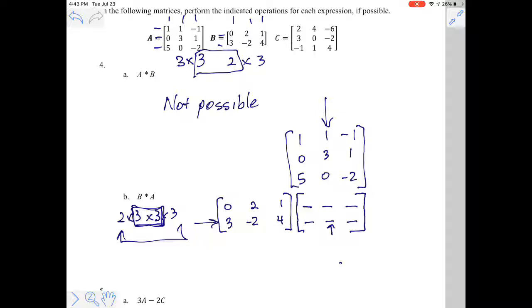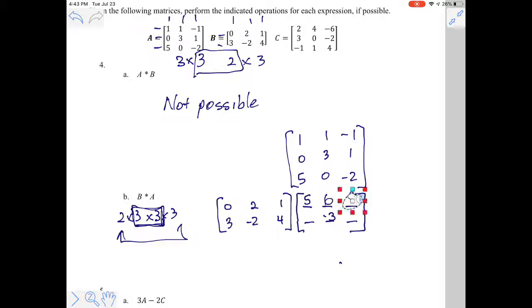Well, so let's check. That entry would be this row and that column. So it would be 3 plus -6 plus 0, so that's -3. This entry here would be row 1, column 1. So that's 0 plus 5, which is 5. This entry right here is row 1, column 2, so that's 0 plus 6 plus 0.